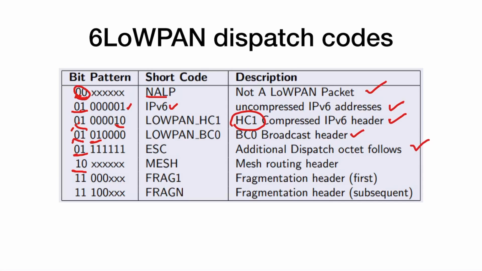Then 1 0 is for mesh, and 1 1 is for fragmentation. The first fragmentation is on 1 1 1 0 0, then the subsequent fragmentation is on 1 1 1 0 0 0. These are the dispatch codes of 6LoWPAN. According to the dispatch codes, the adaptation layer will handle all the packets arriving at its destination.